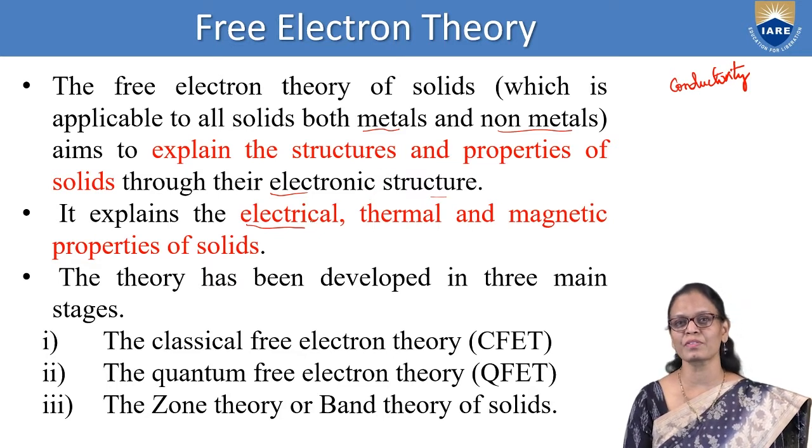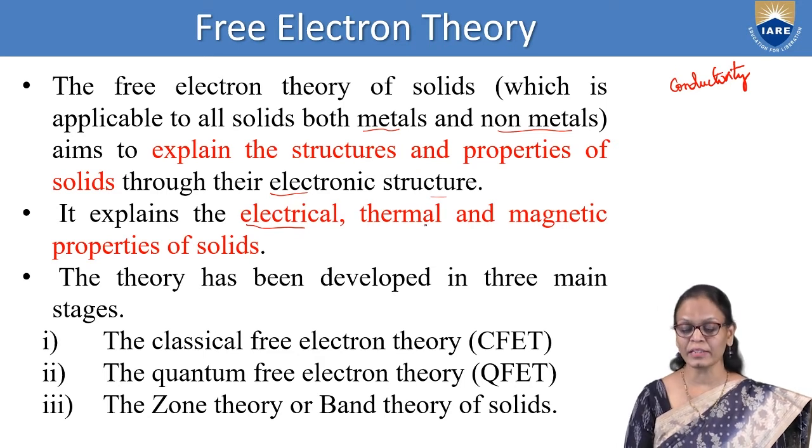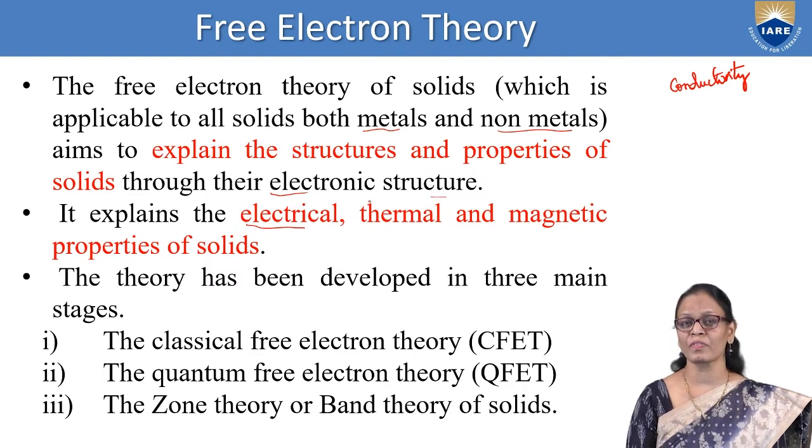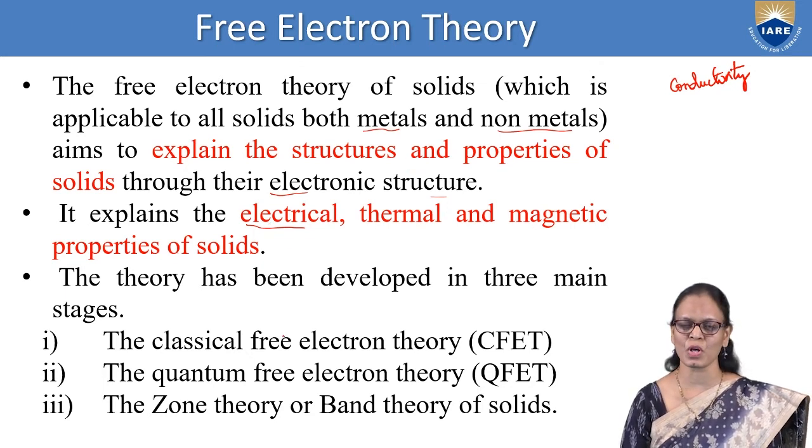That is what we are going to discuss in electrical. And thermal means it is related to heat. So with the increase in temperature, what are the changes that are happening in the motion of the electrons? Based on that, we are able to describe the structure and the properties, and also some magnetic properties of solids.